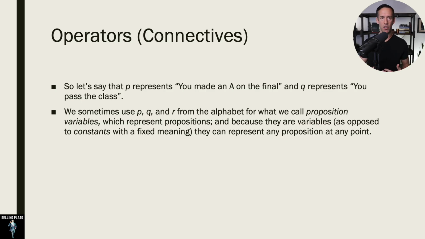But typically we use P, Q, and R because that's just been the custom, where this part of the alphabet, like P, Q, R, we have sort of designated in some cases to let those letters represent propositions. Propositional variables represent propositions. And because they are variables, as opposed to what we also call constants with a fixed meaning, they can represent any proposition at any point. So variables can represent all kinds of different things within their use at a given time.